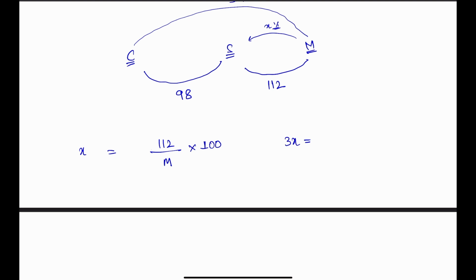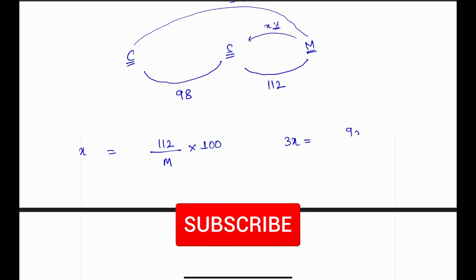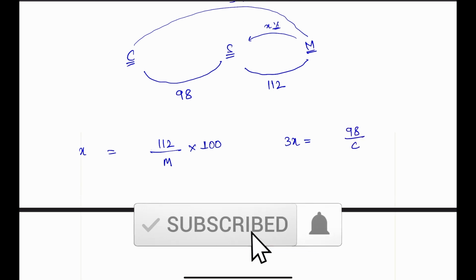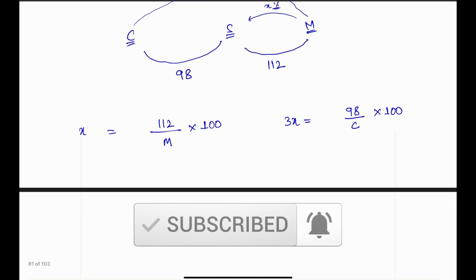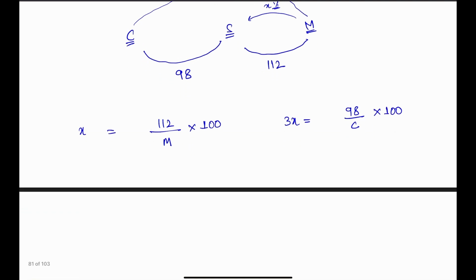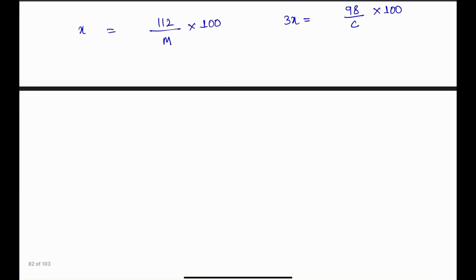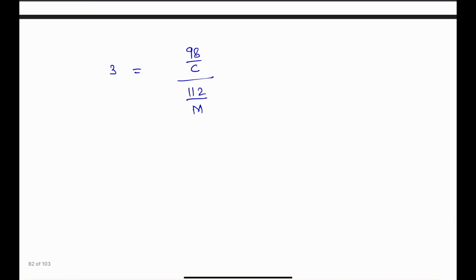my profit will be how much? 98. My profit is 98, given in the question, divided by the cost price into 100. So if I divide both equations, 3 equals 98 upon C divided by 112 upon M, this will be the ratio.